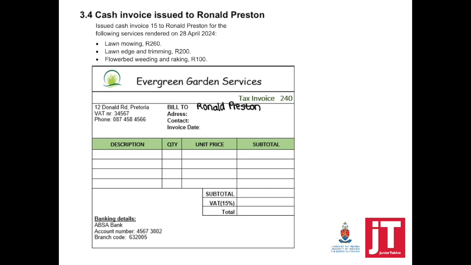So we start off with the bill is made out to Ronald Preston. I don't have the contact or the address of this person, but I do know the invoice date was on the 28th of April 2024. Now I'm going to start with the description by listing the services that was done. The unit price was $260, so the subtotal $260.